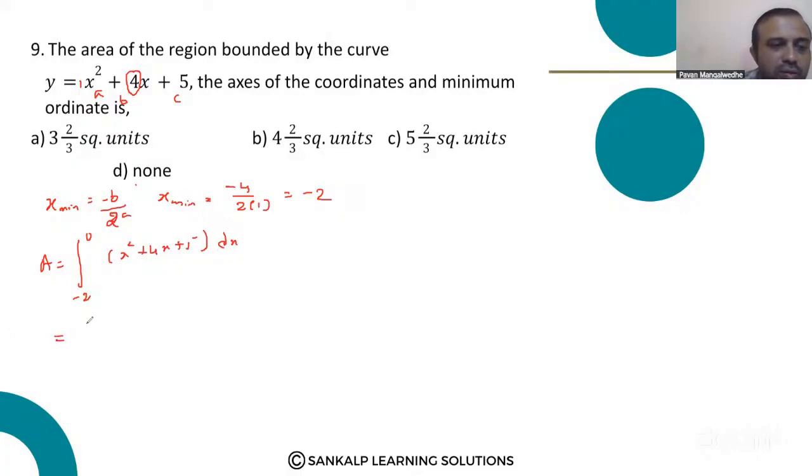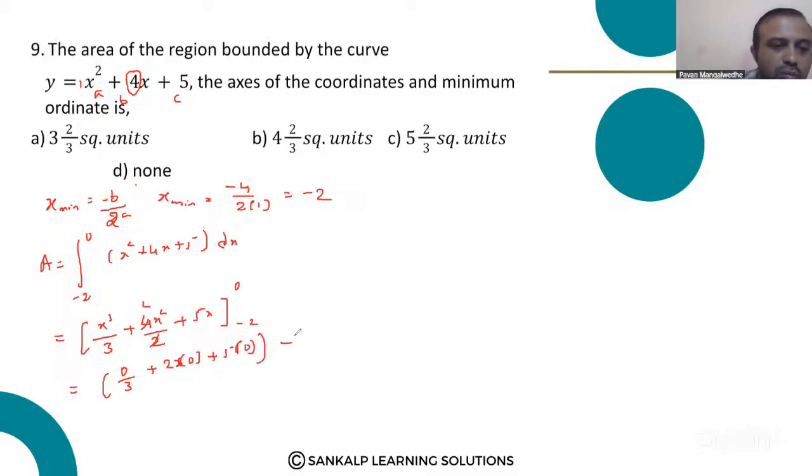Integration of x square is x cube by 3, and 4x gives 4x square by 2, plus 5x, from minus 2 to 0. Applying the limits, we substitute upper limit minus lower limit: 0 minus the value at minus 2.